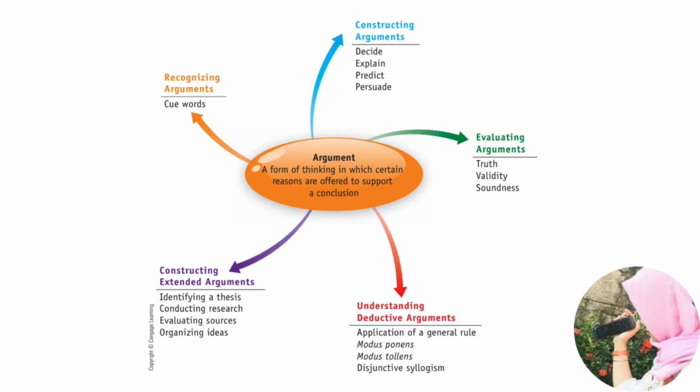So let's go back to this discussion. You only have to focus on three of them, three out of five strategies. The first one is recognizing argument related to keywords, and then constructing argument related to decide, explain, predict, and persuade. And the last one, evaluating arguments, is in accordance with truth, validity, and soundness.